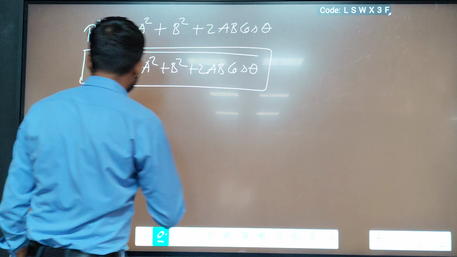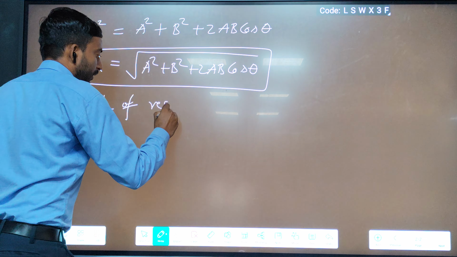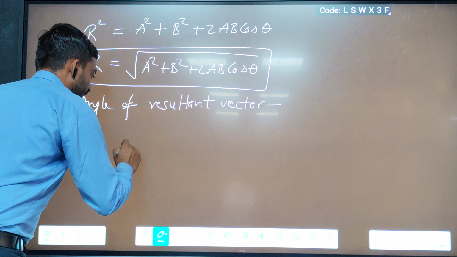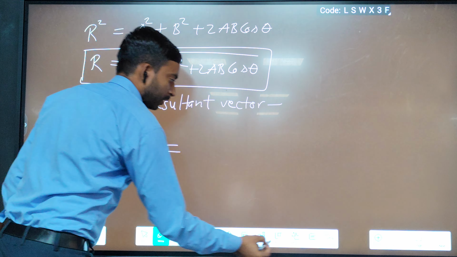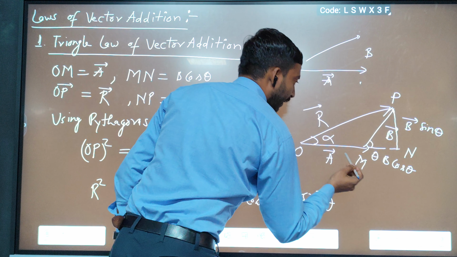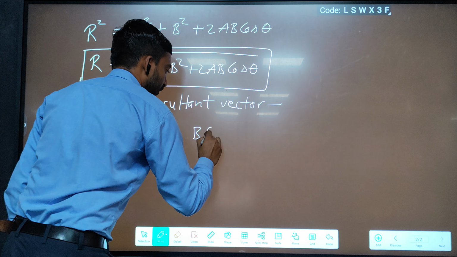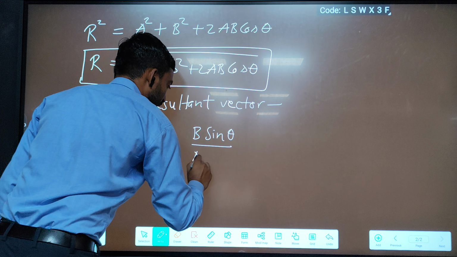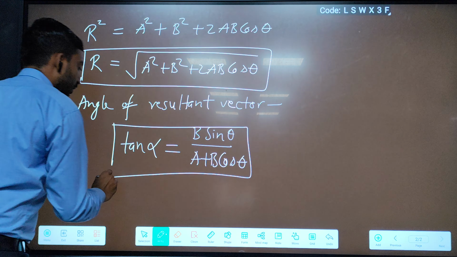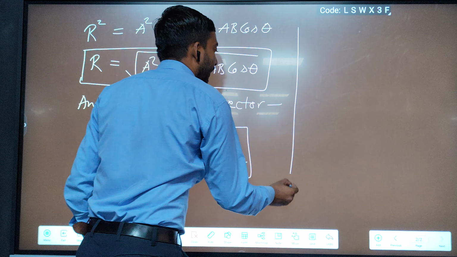So the angle of the resultant vector: tan alpha equals B sin theta upon A plus B cos theta. This is the angle of the resultant vector.